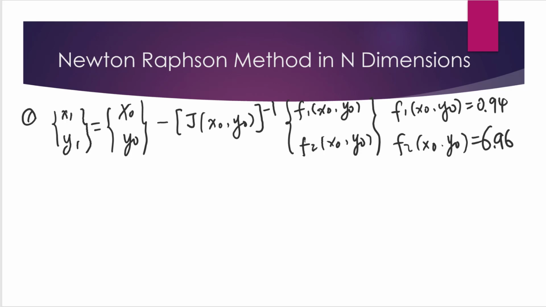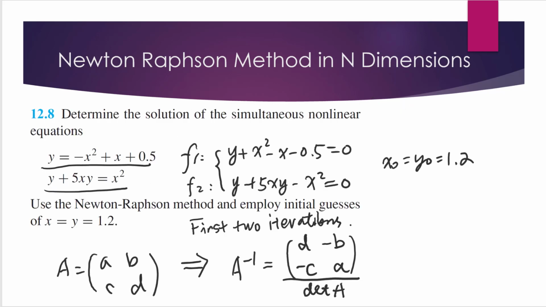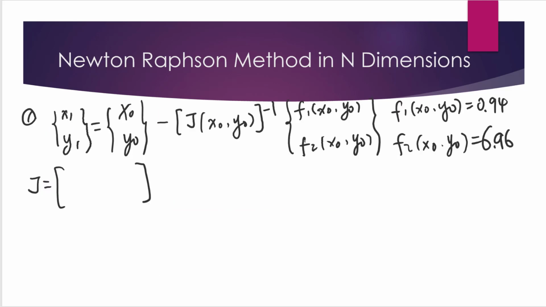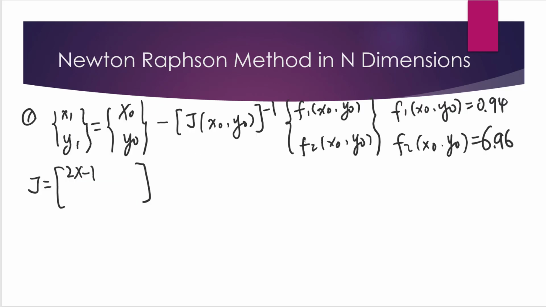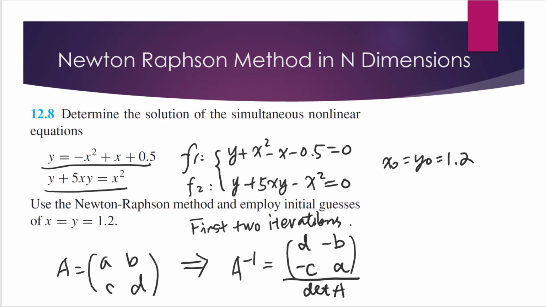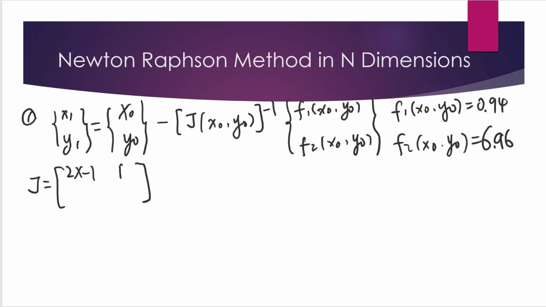Then we evaluate the Jacobian. Let's first see what the Jacobian is. The first entry is the partial derivative of f1 with respect to x, which is 2x minus 1. The second entry is the partial derivative of f1 with respect to y, which is 1. On the second line, the first entry is the partial derivative of f2 with respect to x, which is 5y minus 2x.